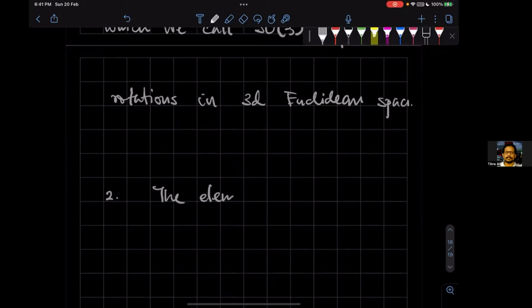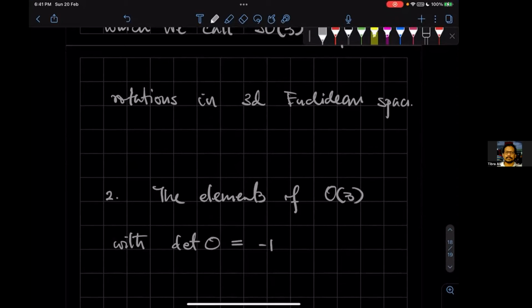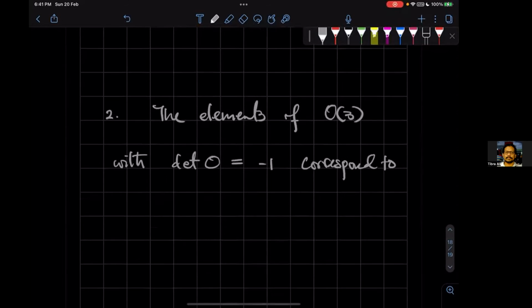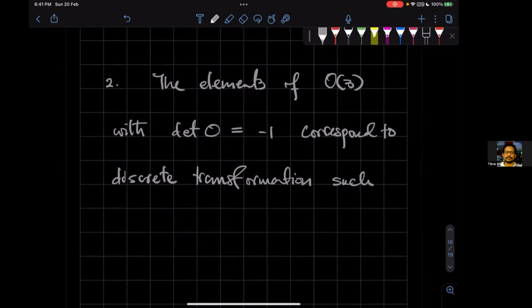the elements of O3, say with determinant -1, correspond to, say, discrete transformations such as reflection or parity.